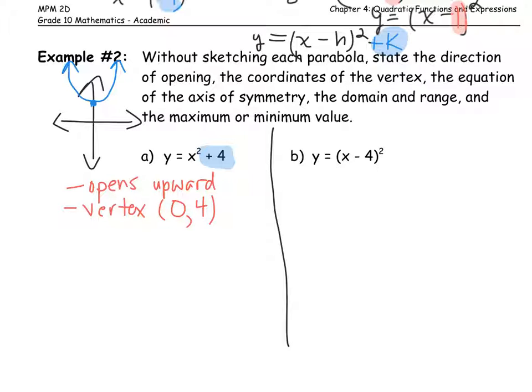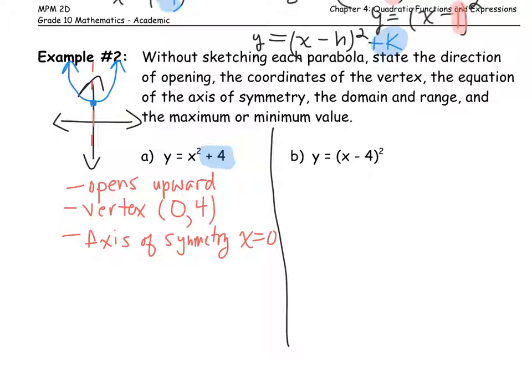The equation of my axis of symmetry, well, my axis of symmetry, you'll remember, just goes through my y-axis, through x equals 0. So my axis of symmetry is at x equals 0 still, because I haven't shifted it left or right.